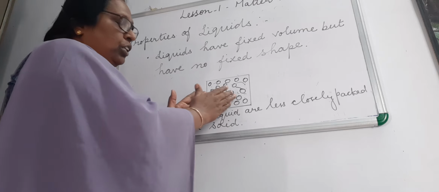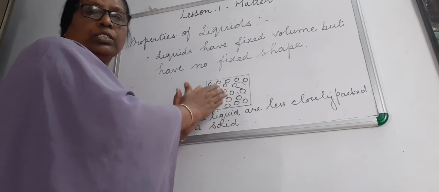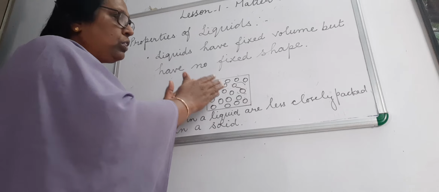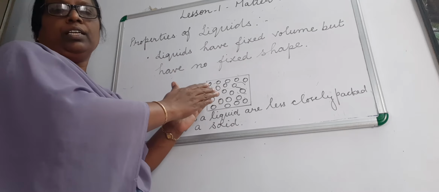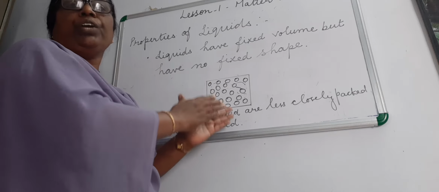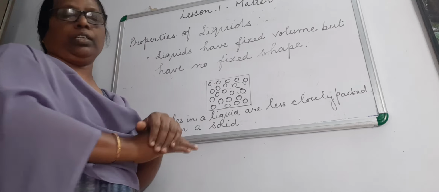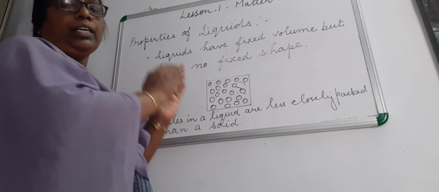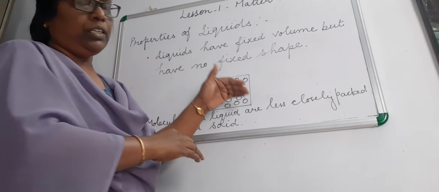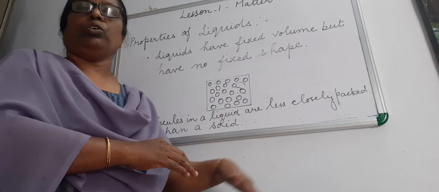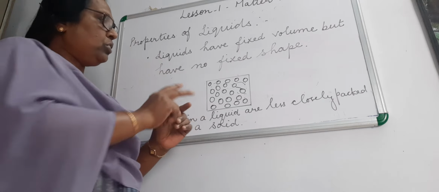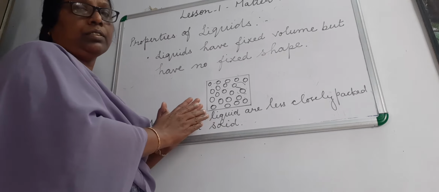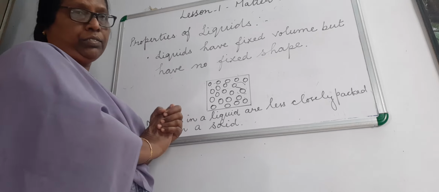And the intermolecular force in a liquid is weaker than in a solid. So it can flow from a higher level to a lower level. So these two things make the properties of a liquid.